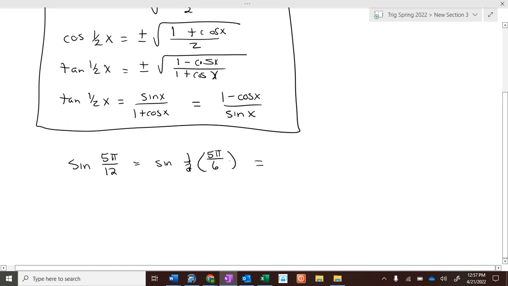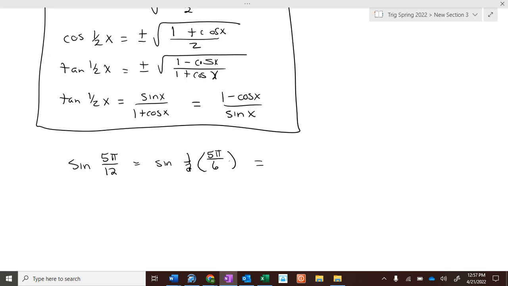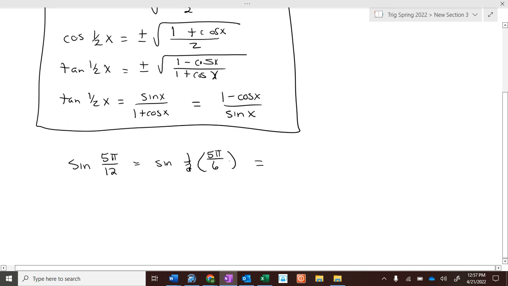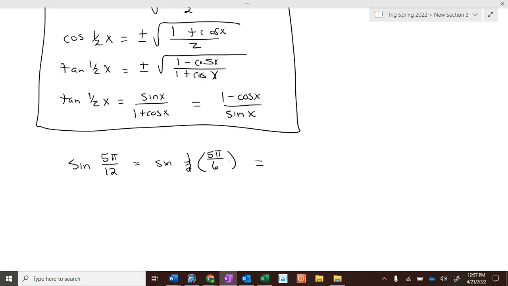What quadrant is that in? Is 5 pi over 12 less than 6 pi over 12? Where's 6 pi over 12? 90 degrees, right? So 5 pi over 12 would be less than 90, which would be quadrant 1.